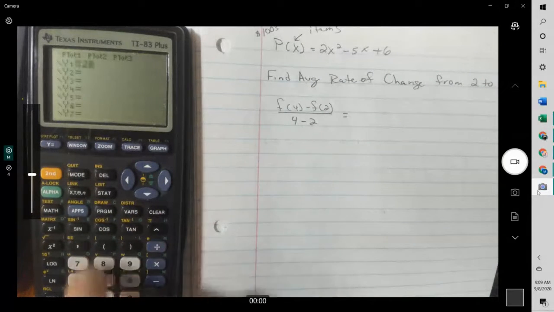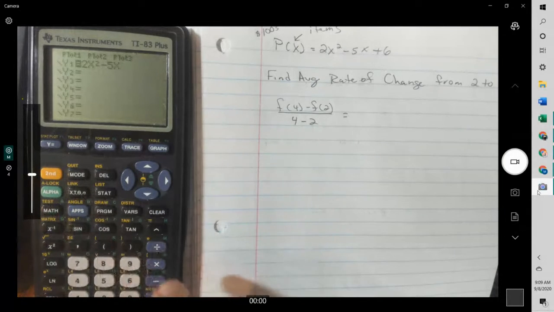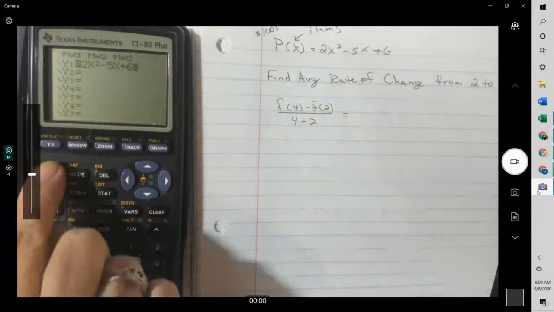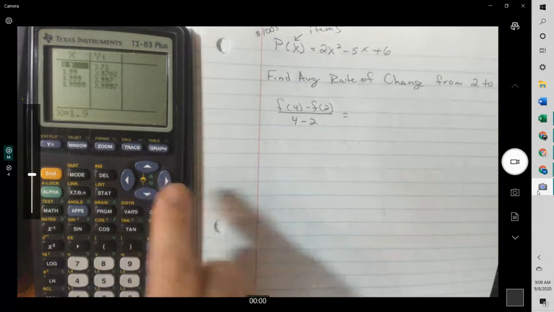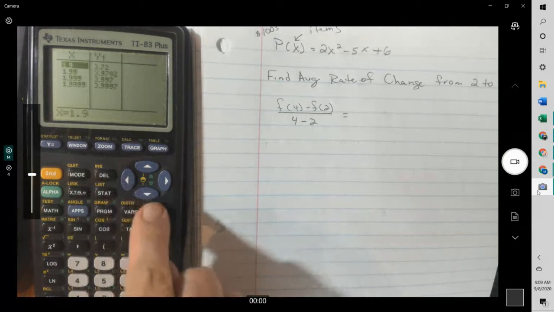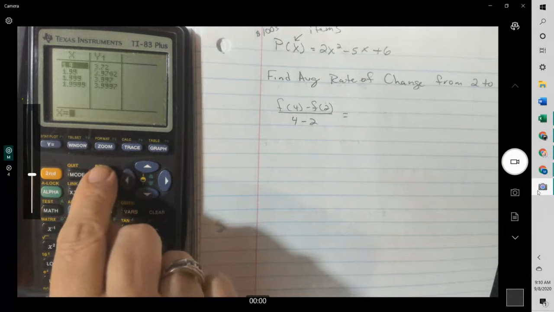So we have 2x squared minus 5x plus 6. And we don't need to graph it, just go to your table. If you have values there, you can clear or delete them. I think delete works.